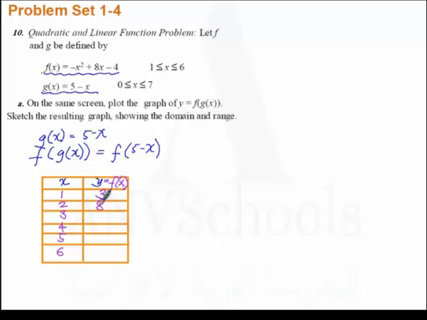So that's negative 13 plus 24. That will give us positive 11. If our x is equal to 4 this time, we will have negative 16 plus 32 minus 4. So that's negative 20 plus 32. That's 12.